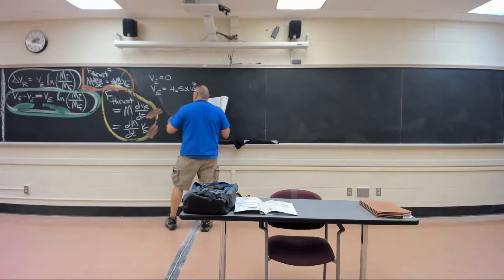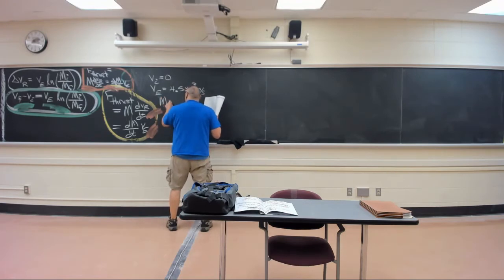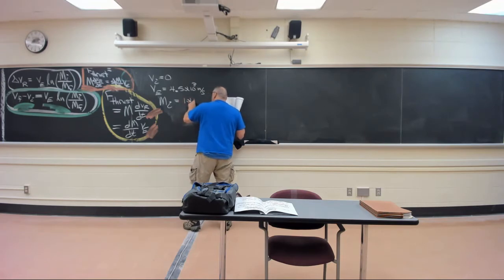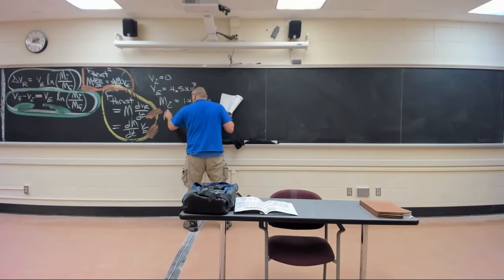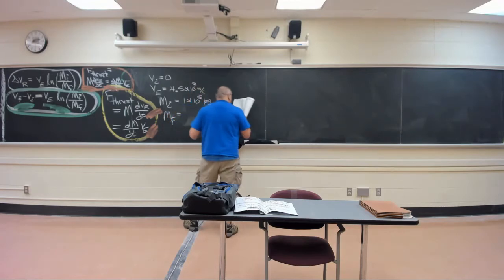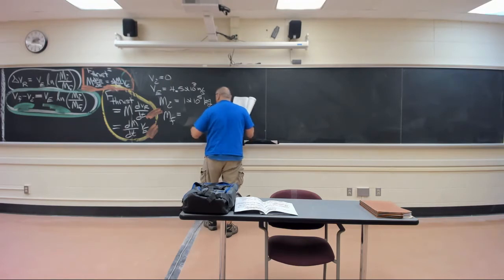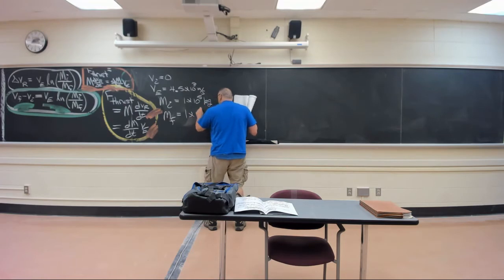The initial mass of the rocket before anything happens to it is 1 times 10 to the 5th kilograms. The final mass at burnout, that's the way they speak it. They're not saying this much has been expelled. They're saying this much is left over.